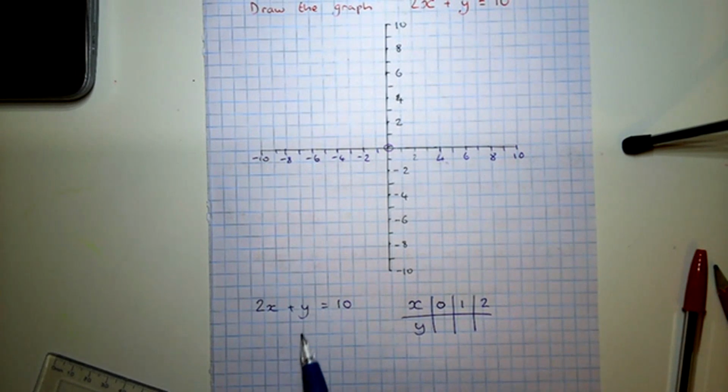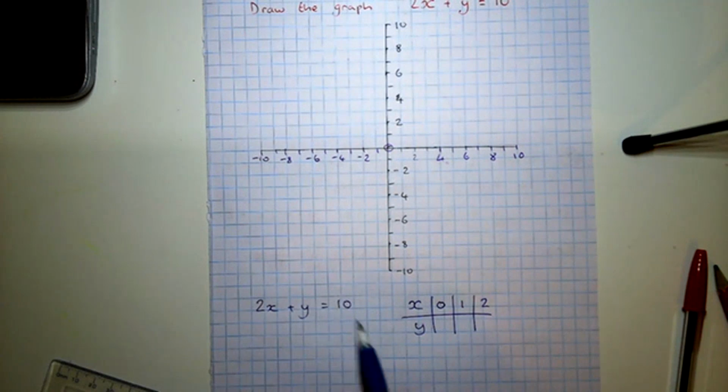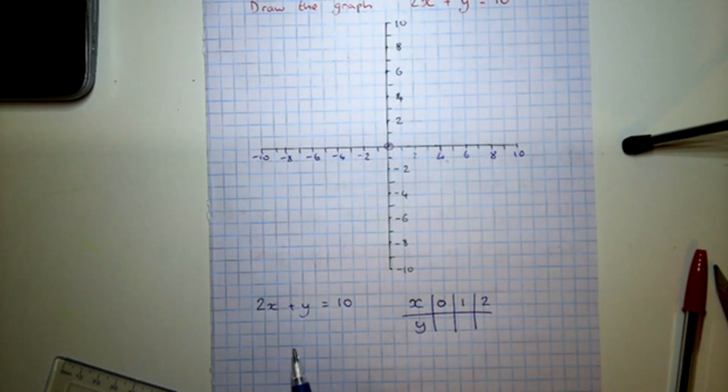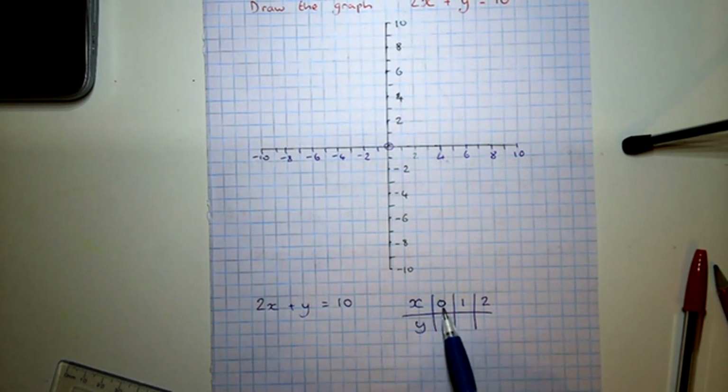This one's slightly different because it looks different. It hasn't got y equals, which is how the other ones are, and which is why we were able to turn them into words. So I'm going to show you a different strategy for ones which don't look like that. We're just going to substitute in these values for x and find out what y has to be.